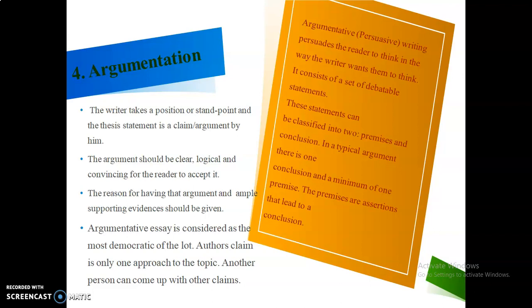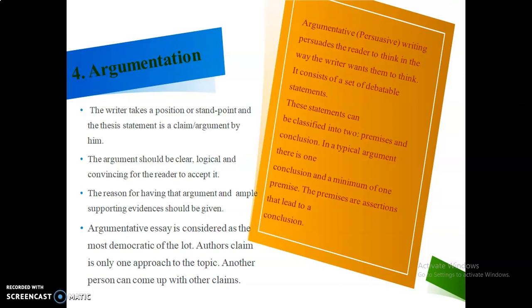We have already said that the aim of this essay is to make the reader believe what the author thinks. So the argument should be very clear, logical, and convincing for the reader to accept it. The reason for having that argument and ample supporting evidence should be given.